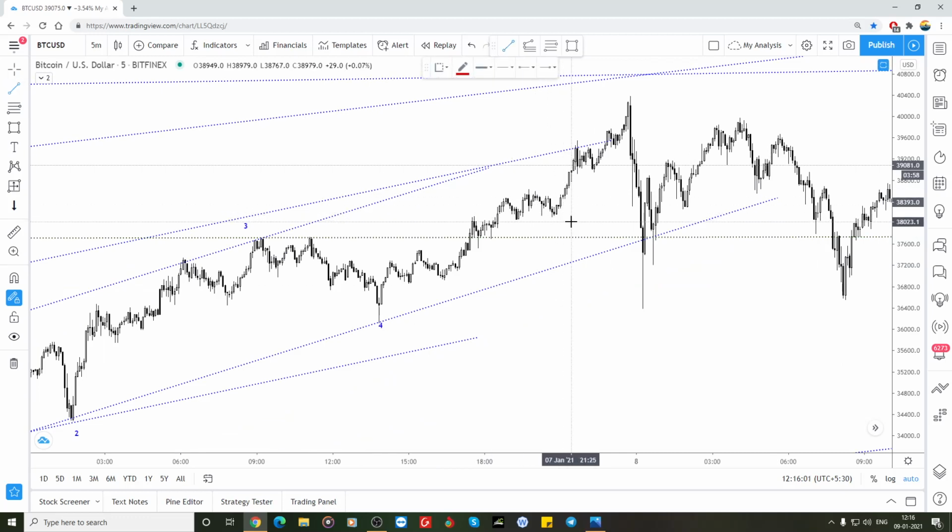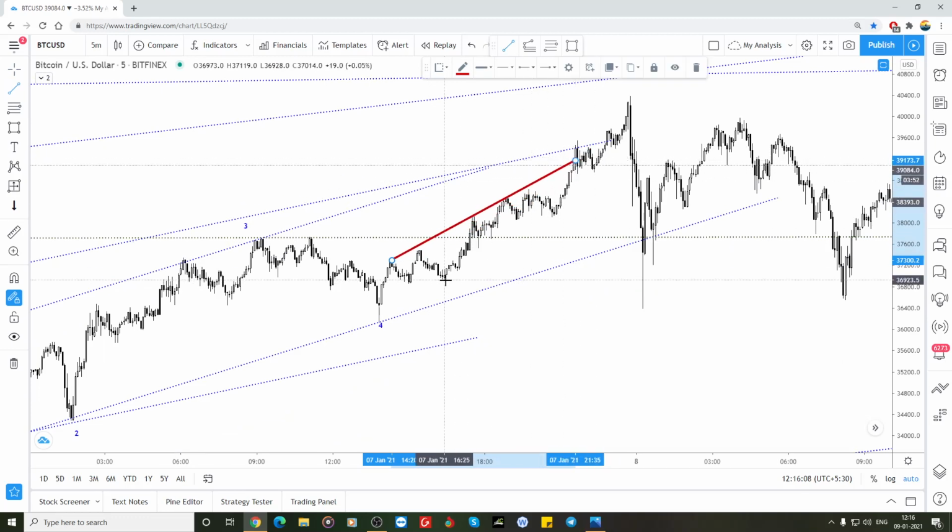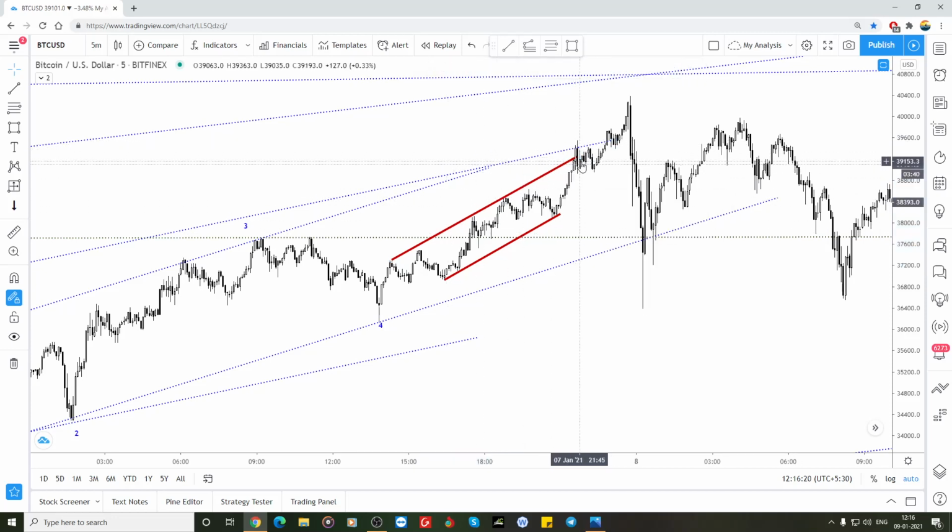Previously I took this as a 4, and here previously I did like this. That is why I placed the 39,200 here, and it hit a little exhaustion and then came down. After that it's making here, it is not getting ready to go here.